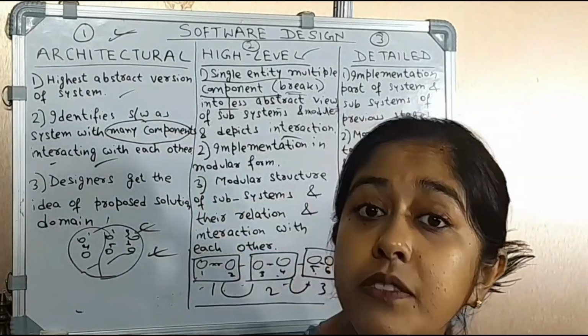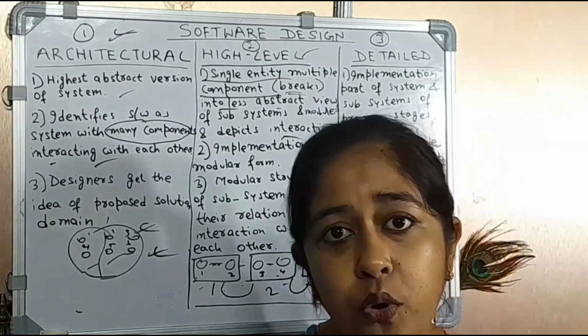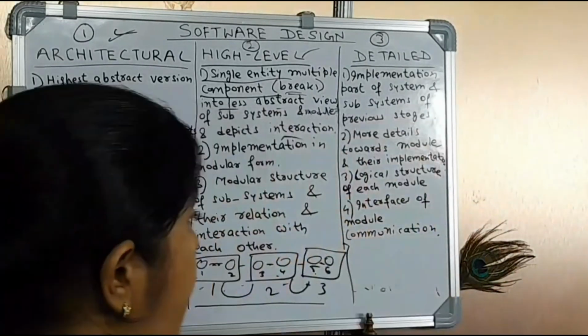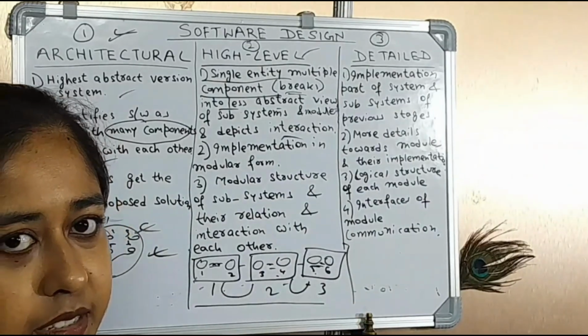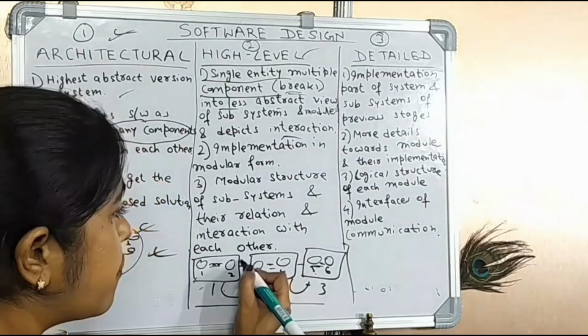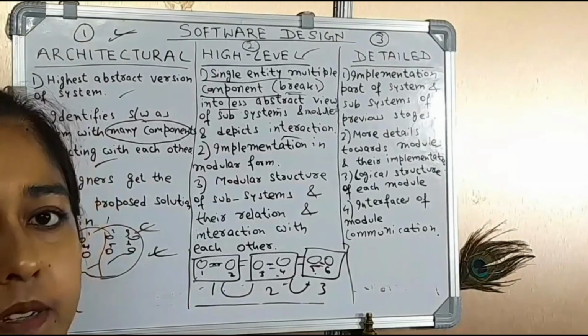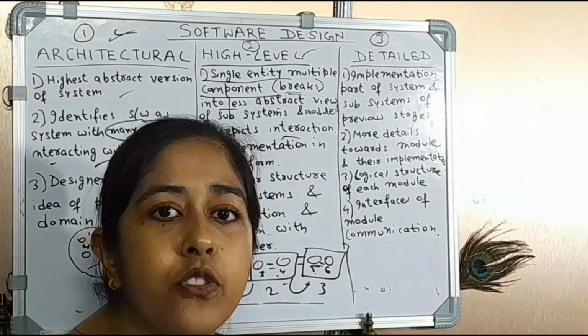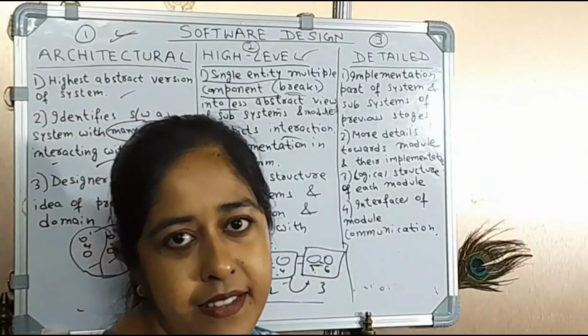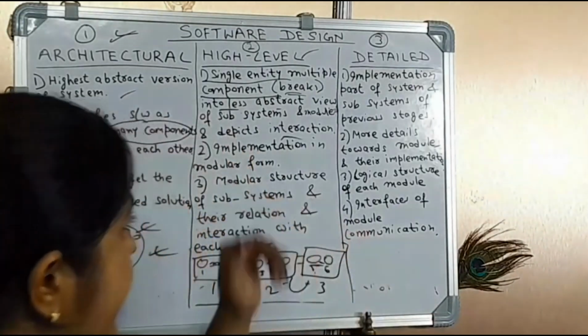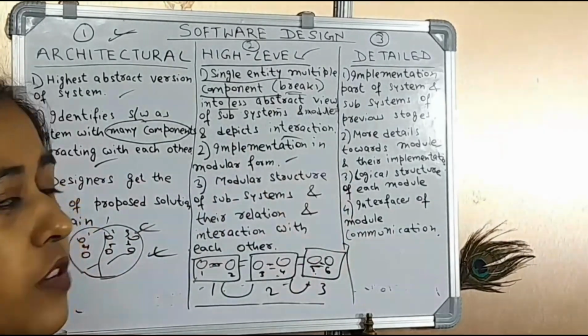Again, they have some security system also for their own modules. But what is the main thing here? Their interaction, their communication with each other. Again, the communication between these subsystems is also there. So to deal with those particular things, we have this high level design. Clear? Second thing, what? Implementation in modular form.